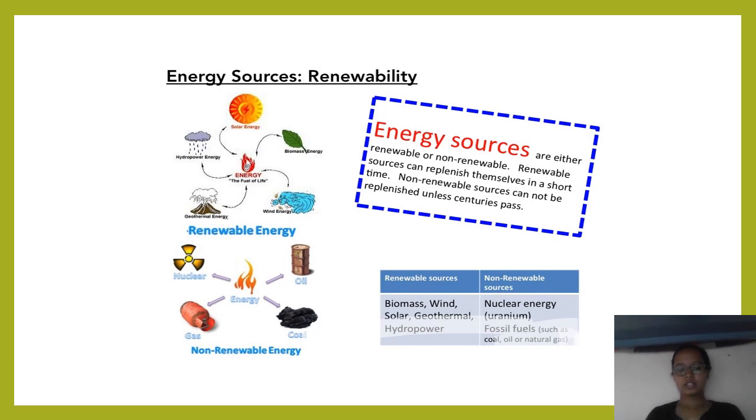Here you can see the renewable and non-renewable energies. Renewable includes biomass, wind, solar energy, geothermal, and hydropower, while non-renewable includes nuclear energy, which is uranium, and fossil fuels such as coal, oil or natural gas.